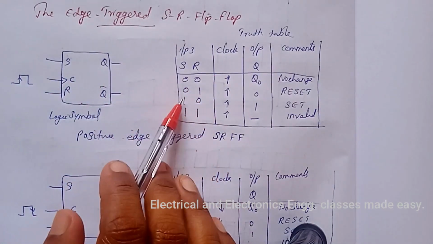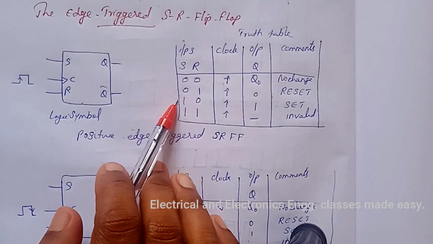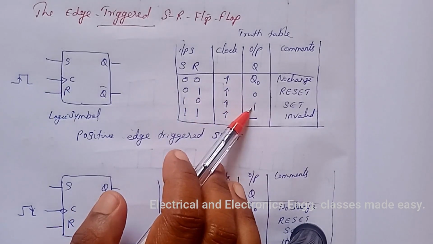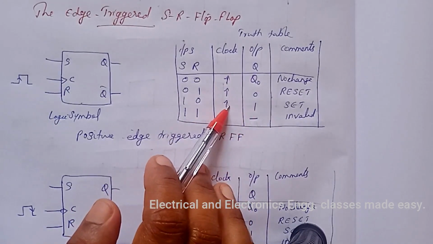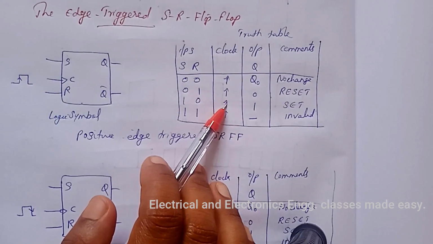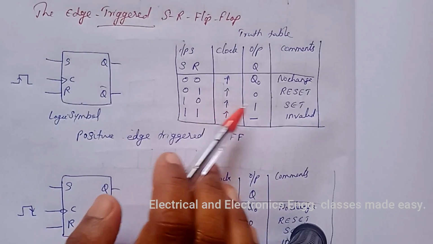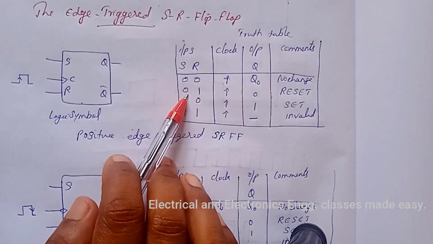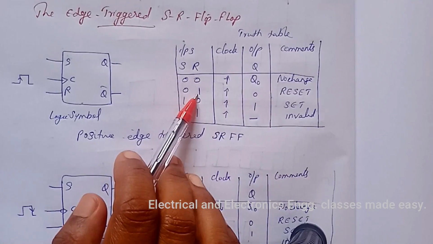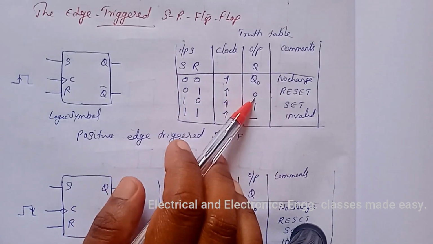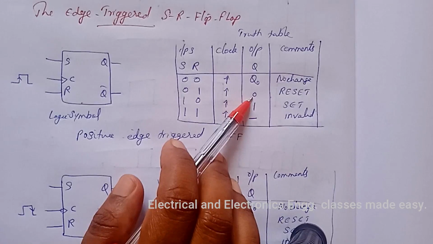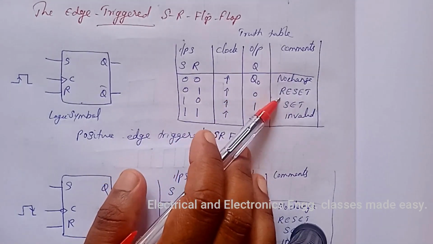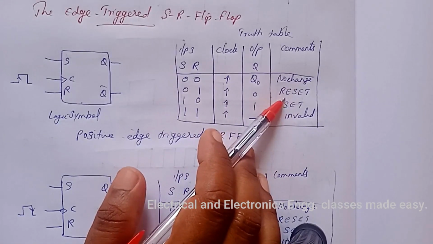When S is high and R is low, the Q output goes high on the positive going edge of the clock pulse, and hence the flip-flop is set. When S is low and R is high, the Q output goes low on the positive going edge of the clock pulse, and the flip-flop is said to be in reset state.